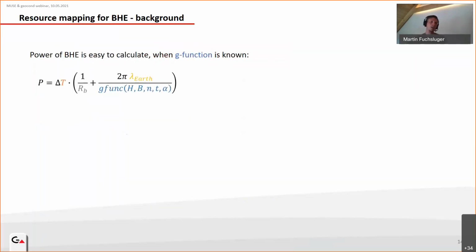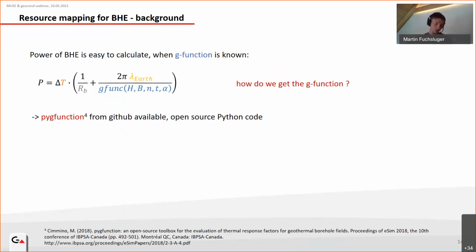Yes, so as I said, the power is really easy to calculate when the G function is known, but to calculate the G function is not so easy. So how we get the G function was the question, and my research on the internet showed that there is already a tool available.